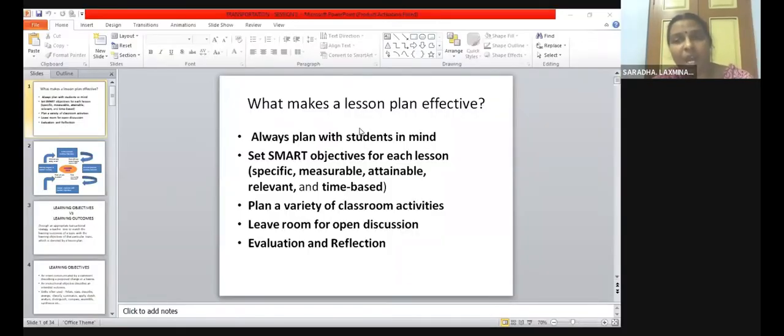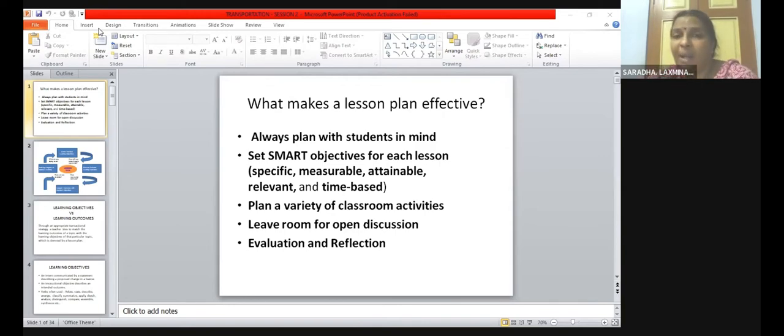So any lesson plan depends on how efficiently you have decided the learning objective and the learning outcome. This is the success of a lesson plan. Even though we speak so many things, every school has one way of writing a lesson plan.